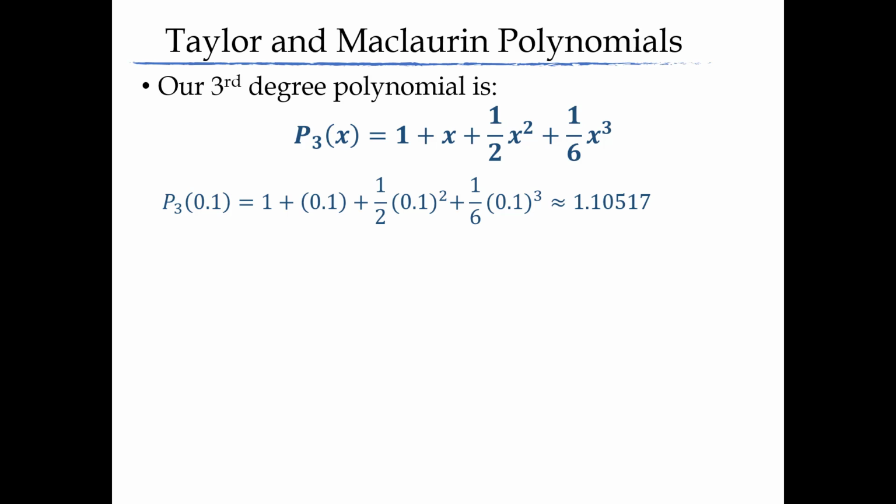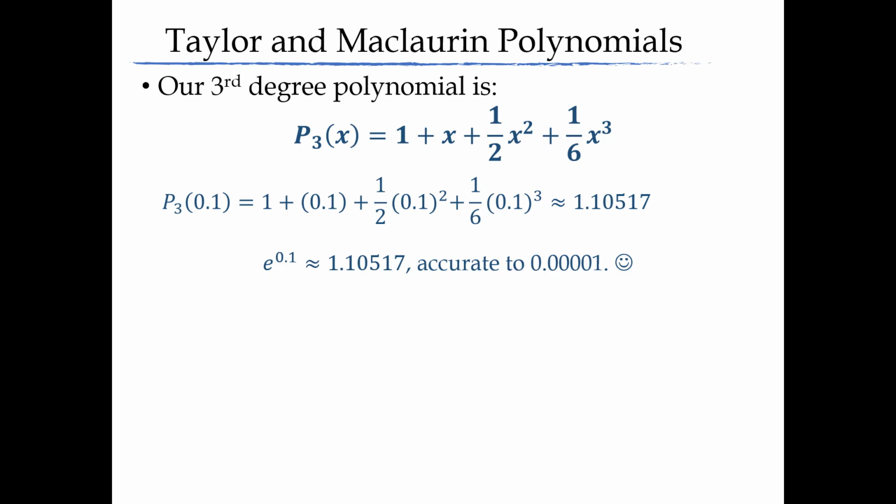And this gives us 1.10517. And we said e to the 0.1 power is approximately 1.10517, and it is to 0.00001 accuracy. And so now we have an incredibly accurate estimation for e to the 0.1 power using this polynomial.